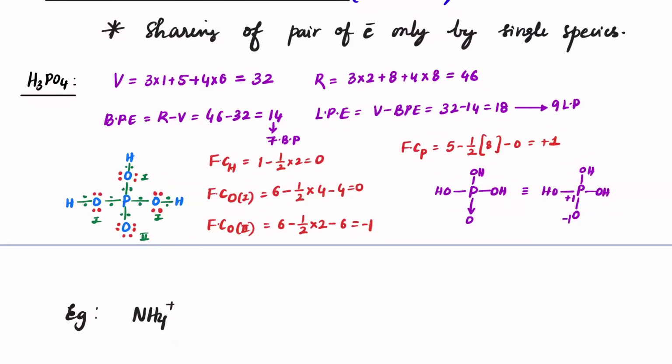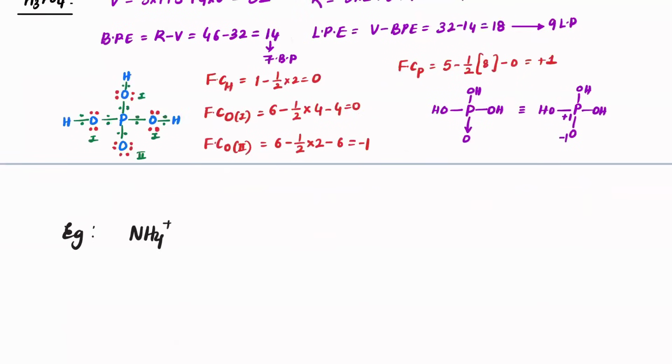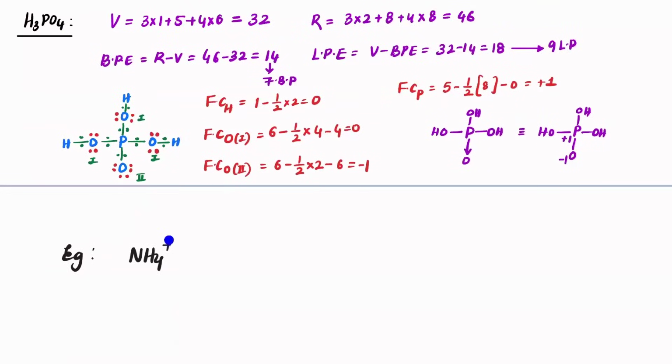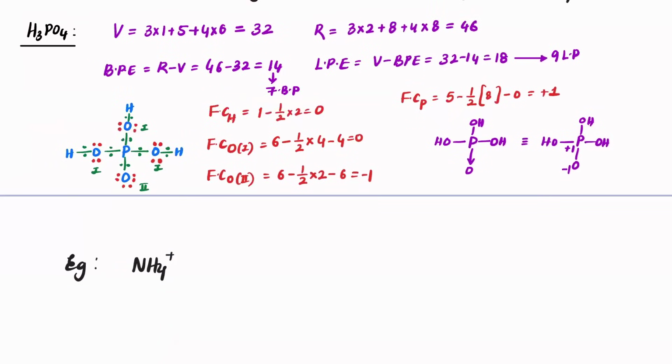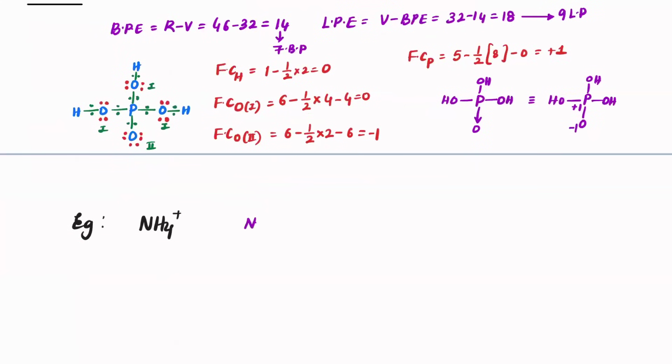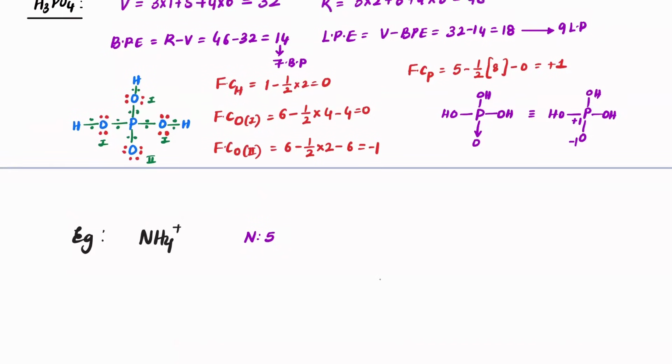Yes, sir. Very good. Let's do the next one, NH4 plus. If you have NH4 plus, how do we handle that? Nitrogen is supposed to have five valence electrons. I'll write it down without the formula and without solving.